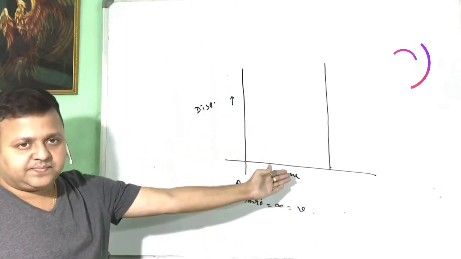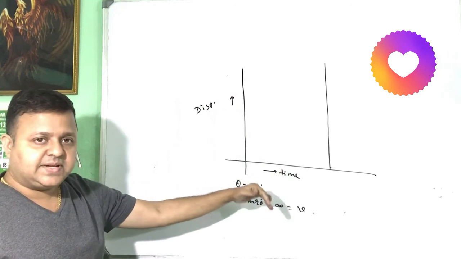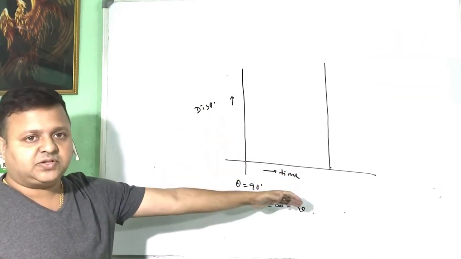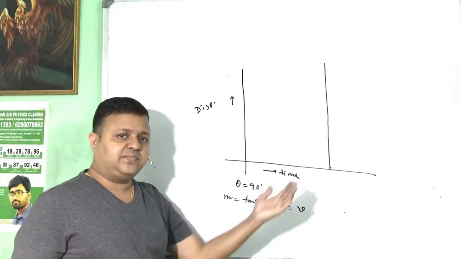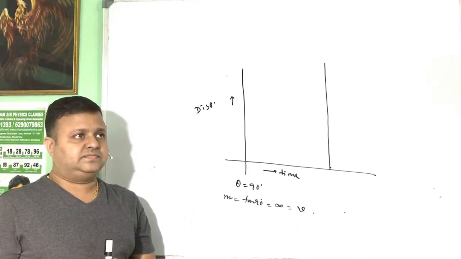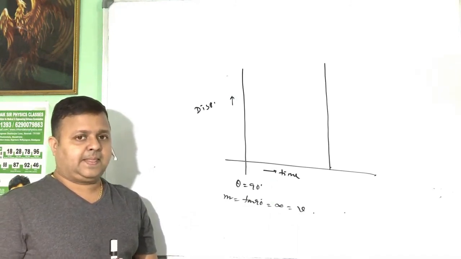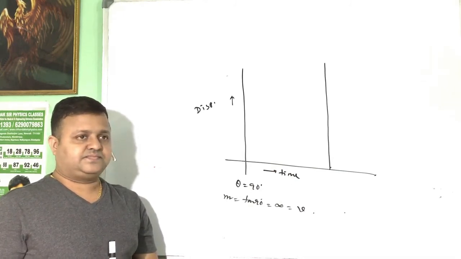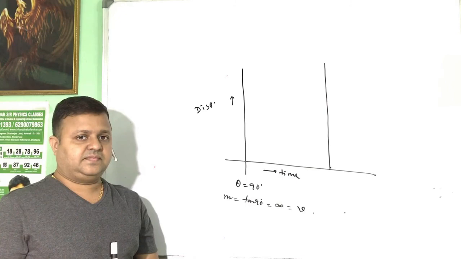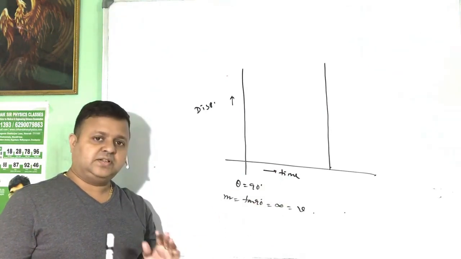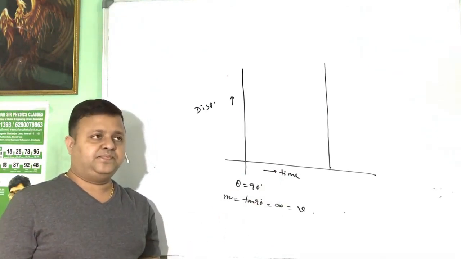The slope of the displacement-time curve gives the velocity, so velocity is undefined, which is impossible.